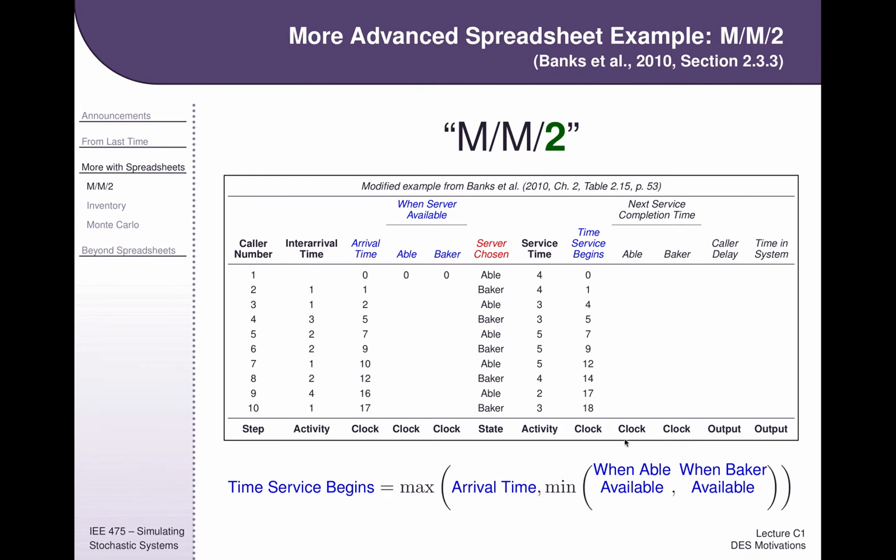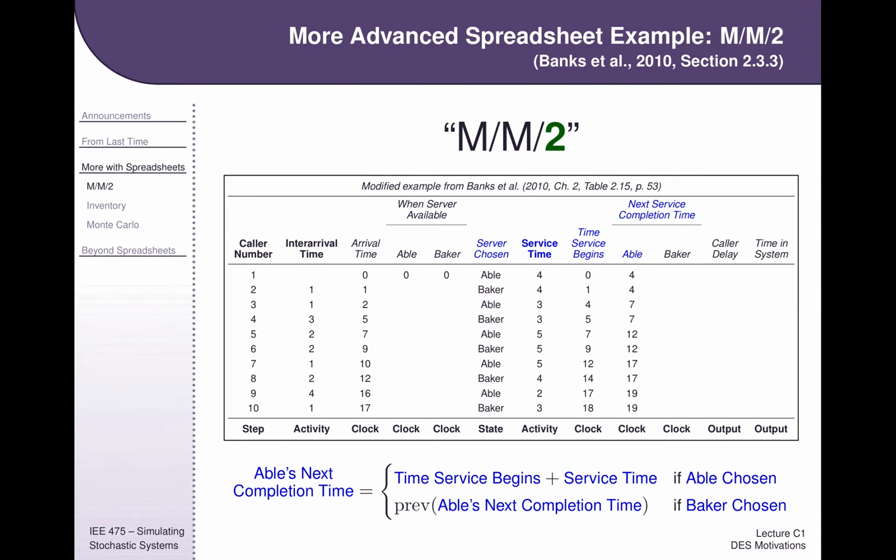So in that little spot where we had the time that the single server was ready, now we have the minimum of whoever's available. So is Able available first or is Baker available first? And so whoever's available first, their time goes in here, and then we take whatever's later, the arrival time of the customer or the time when a server is available, and that will go in the time service begins.